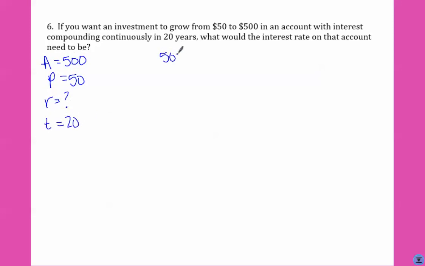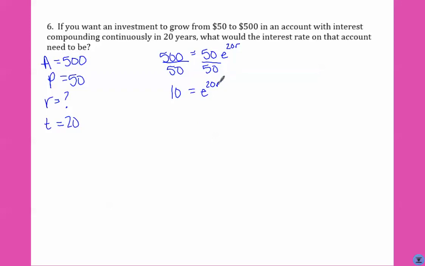So 500 equals 50 e to the 20r. Divide both sides by 50. 10 equals e to the 20r.